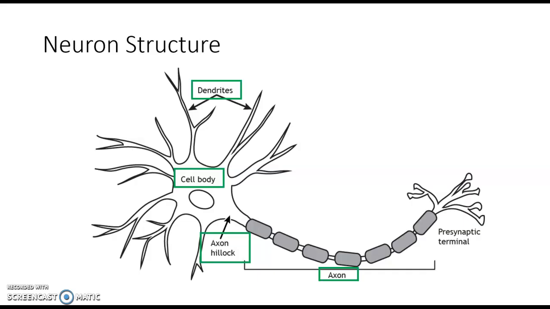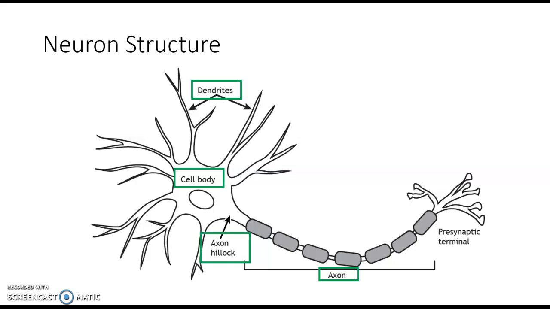So I would like to start with a little review of general neuron structure. We have the dendrites that pull in those incoming nerve impulses, and that's where we see our graded potentials. The cell body, where all of that's interpreted.